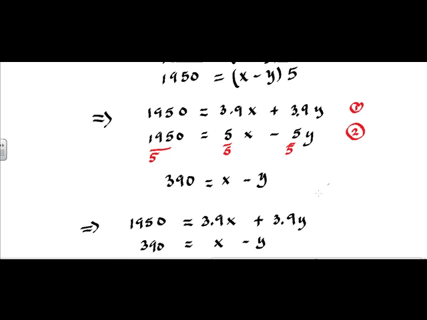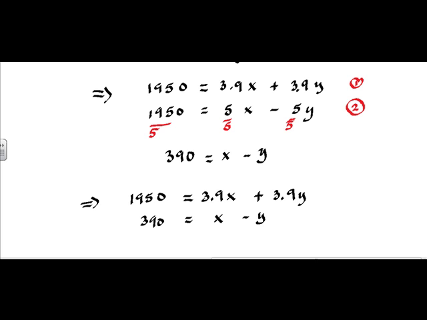Okay. Now step 4 is we have to decide which method we want to use to solve this system, either the substitution method or addition. I like to use substitution because I can solve for x easily by adding y to both sides. I'm taking equation 2 and solving for x by adding y to both sides. That's easy.